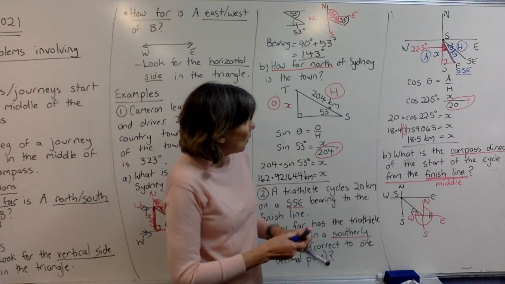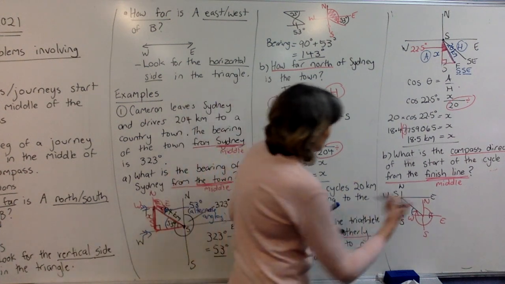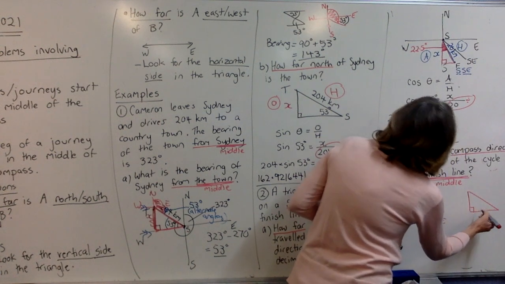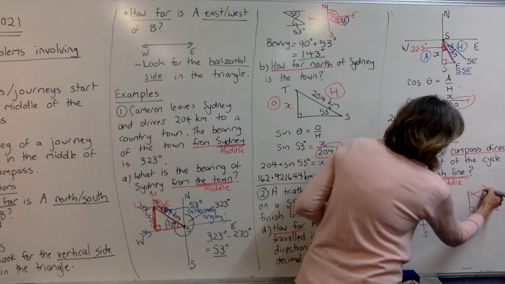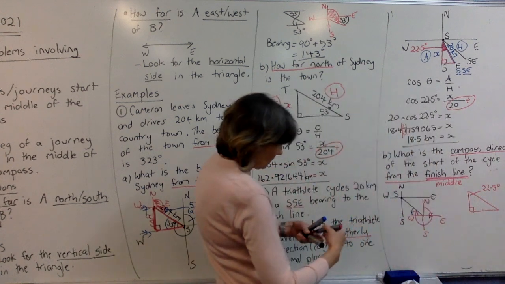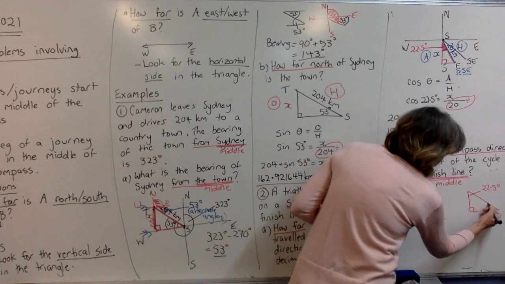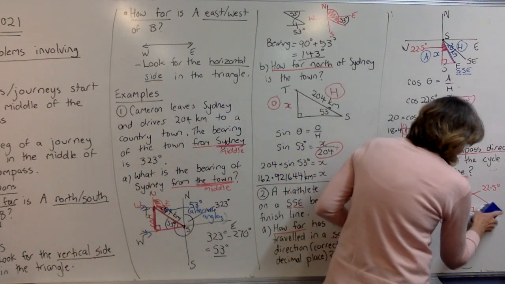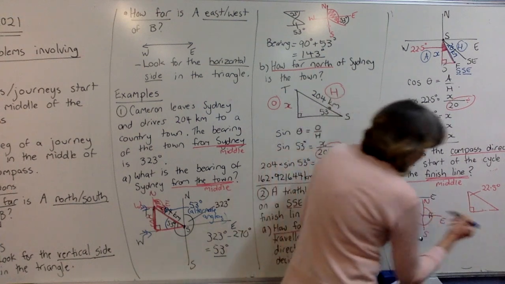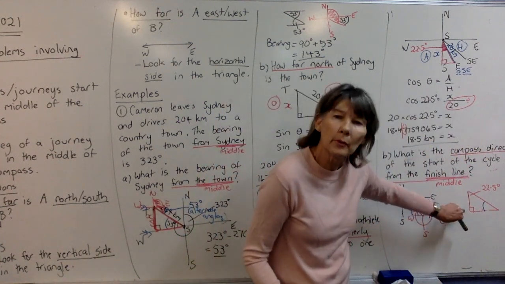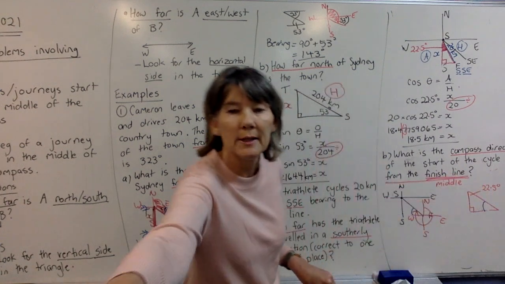So if you have a look at what we've done so far, if I just come to the side of that red triangle up there, we know that this is 22.5. So what is this blue angle down here then? Okay, so we know, remember with a triangle, we've got 180 degrees in it, but when 90 degrees is taken up at the right angle, these two must add up to 90.